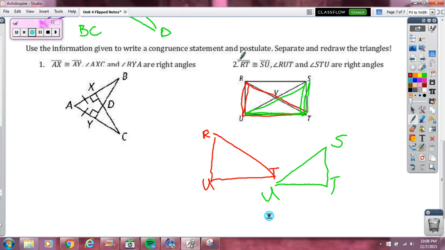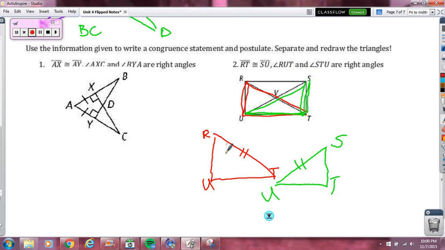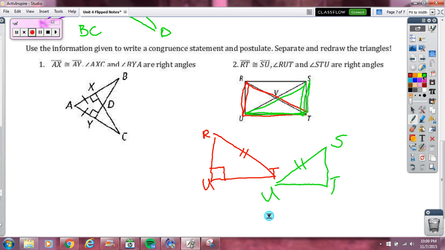Now, we know that RT and SU are the same size, so I'll mark that. I also know that RUT and STU are right angles.